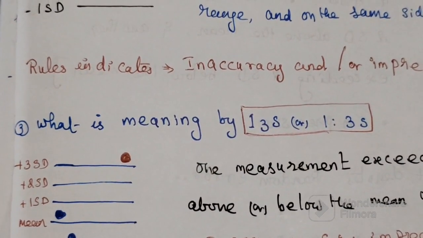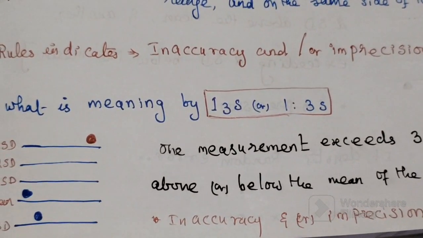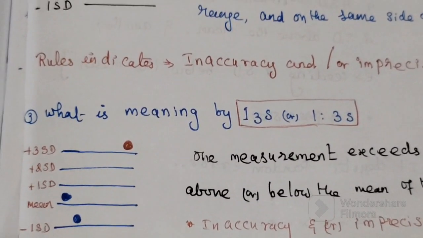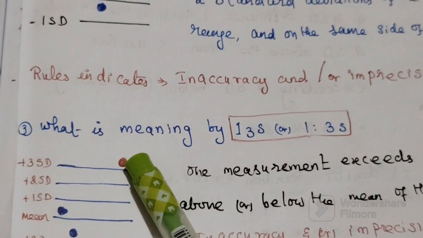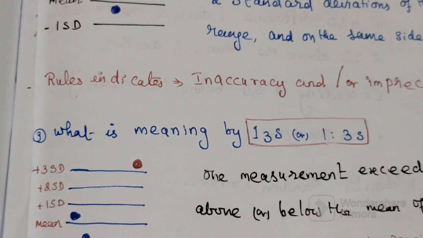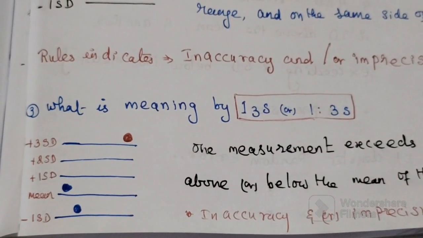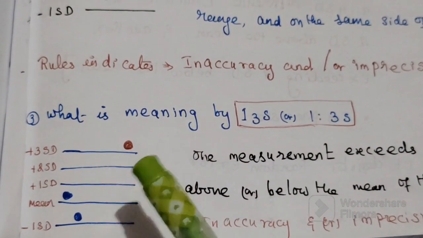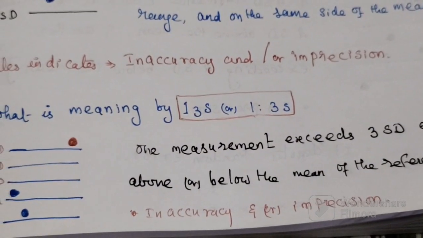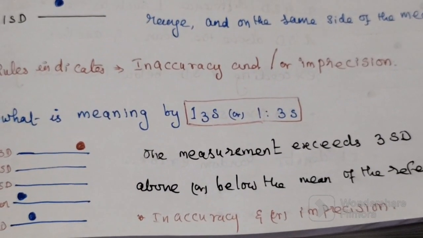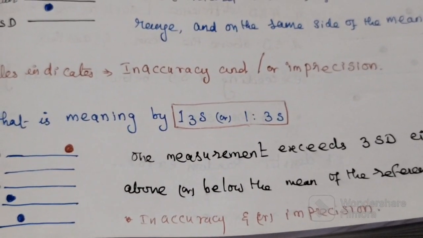Next one is the 1-3s rule. What is the meaning of 1-3s? Here you see that one control measurement, one data point, is above 3 standard deviation. That's why it is called the 1-3s rule. It denotes a random error or the beginning of a large systematic error.